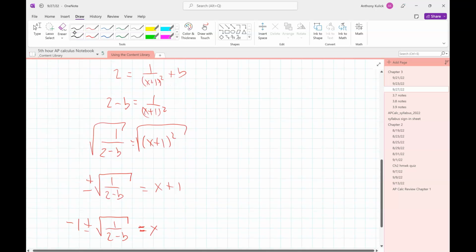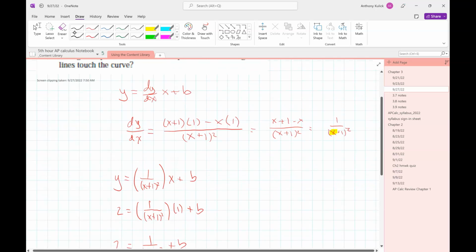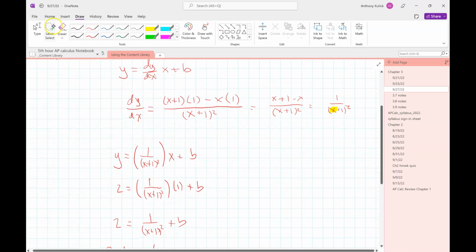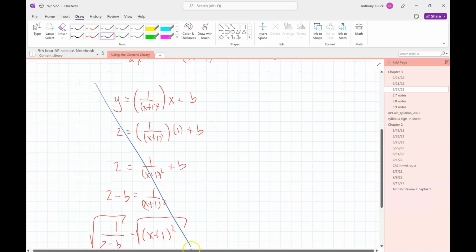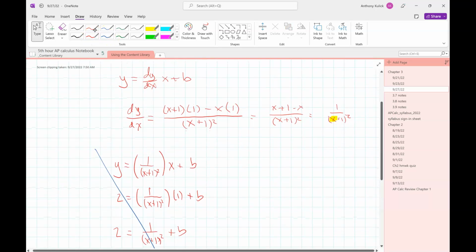Right. Okay. So I had the right idea. We're just going to do a little bit better with this piece here. So let's talk about the point x equals a. In that case, our slope becomes 1 over (a + 1) squared.